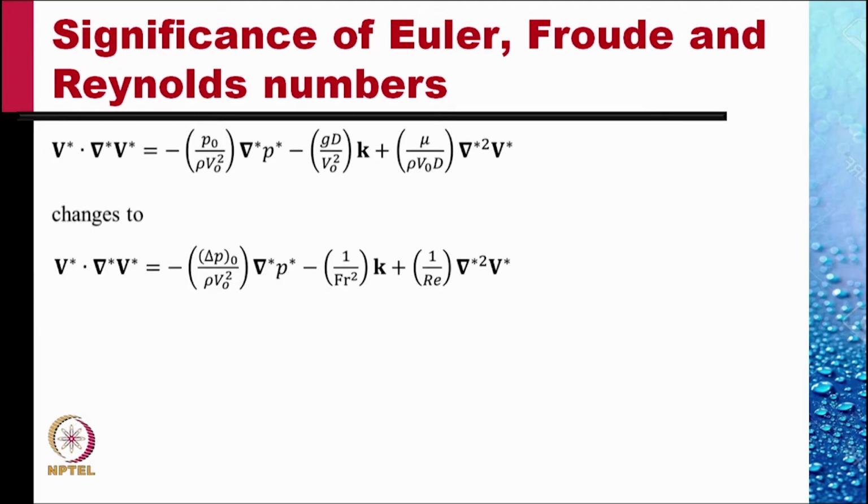If we make the changes, the equation that we started with changes into this second equation, and the pressure boundary condition becomes Pg star tends to 0. The gauge pressure non-dimensionalized tends to 0. So if we do this, then pressure P naught does not occur anywhere in this equation. Instead, a delta P naught has been introduced.